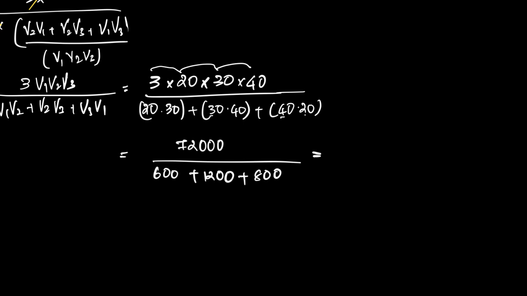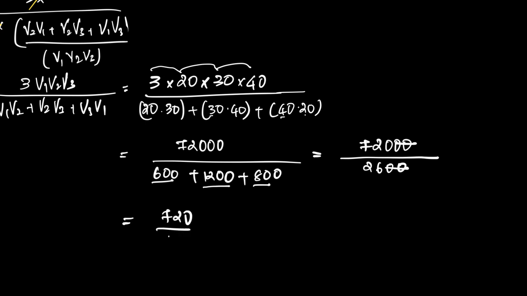So this will further be equal to 72,000 divided by 600 plus 1200 is 1800 plus 800 is 2600. So these two zeros will cancel off, and we will be left with 720 upon 26, which if we divide both numerator and denominator by 2, we get 360 upon 13.